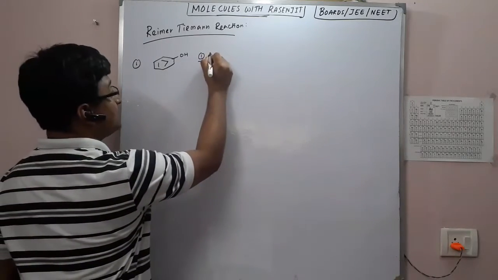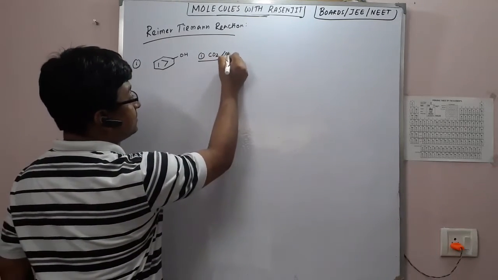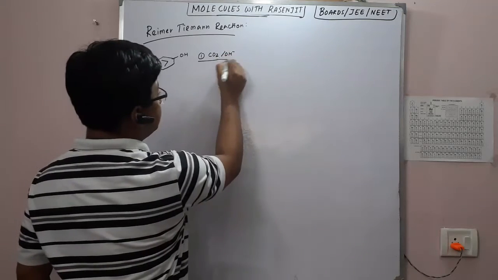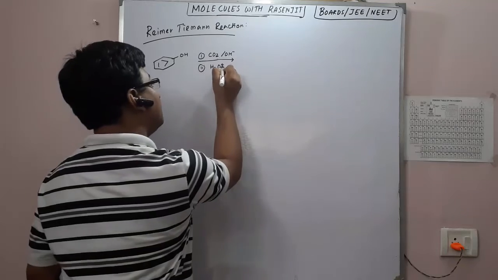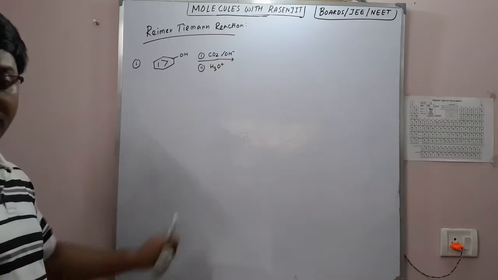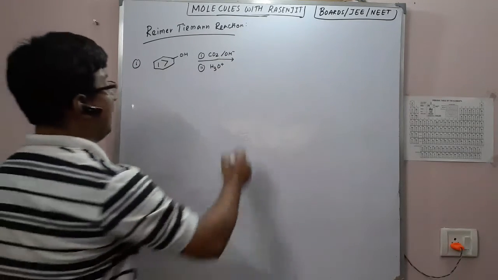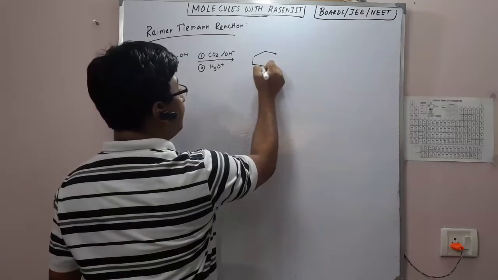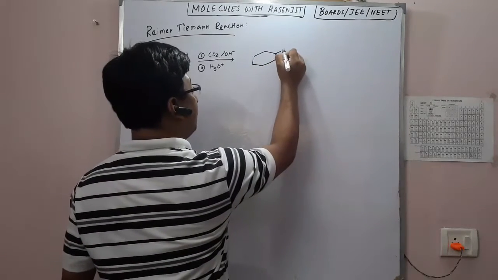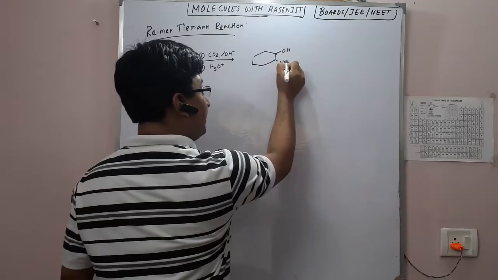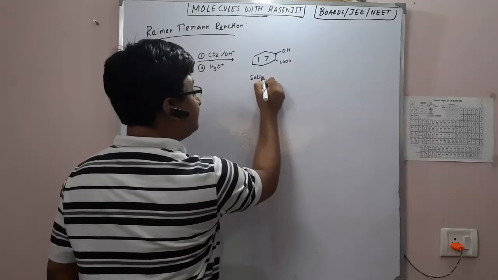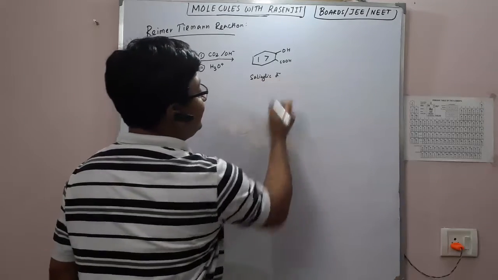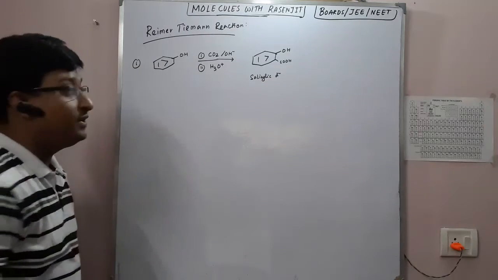The first step, carbon dioxide in presence of base, and number two, acid hydrolysis. What will I end up with? I will end up with OH, COOH. This is known as salicylic acid, or ortho-hydroxybenzoic acid.